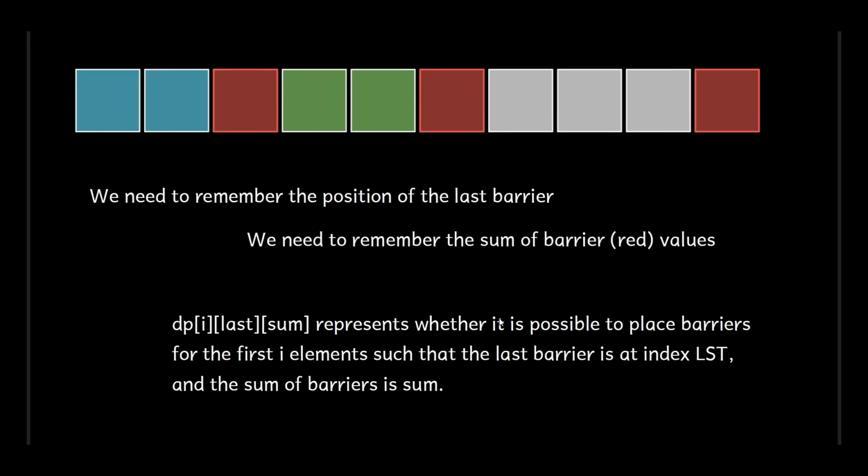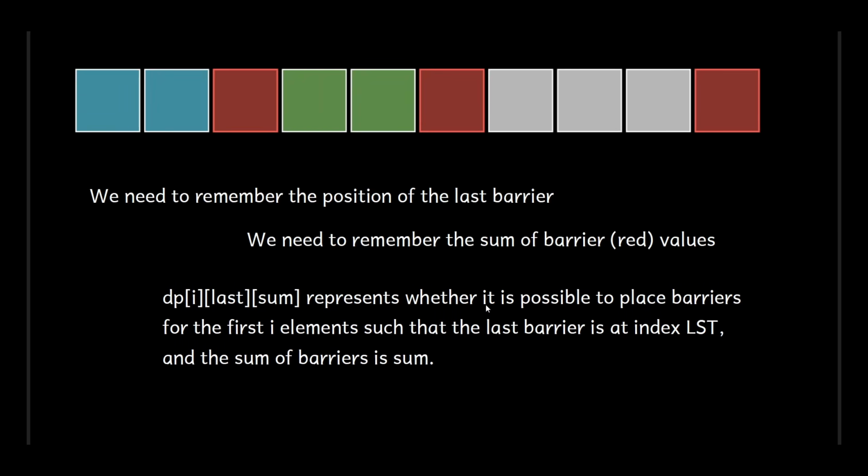So sure, you can define this 3D DP and it will work, right? There is nothing wrong with it. Now, of course, the time complexity will then become O of n cube, right? So can we do something better?